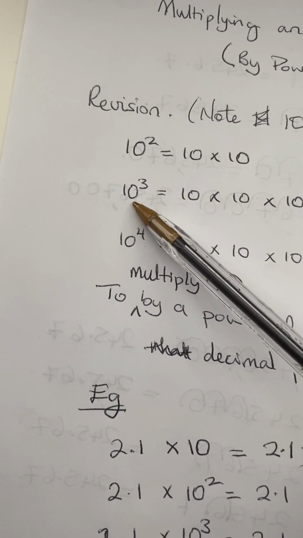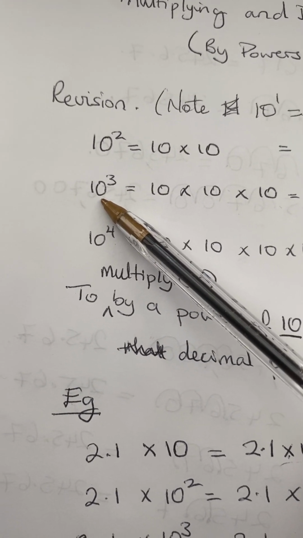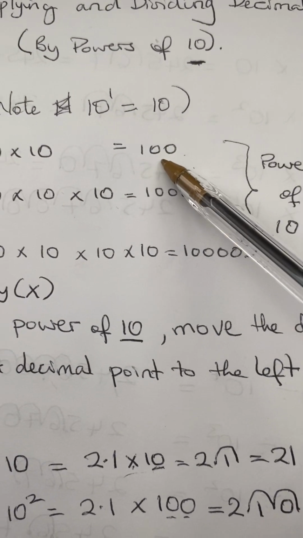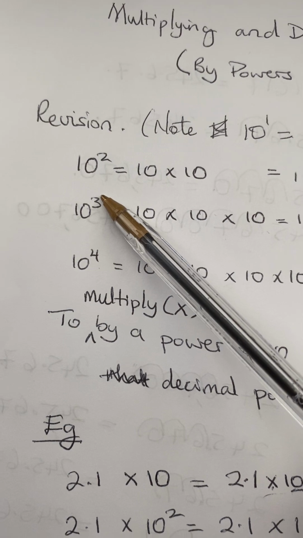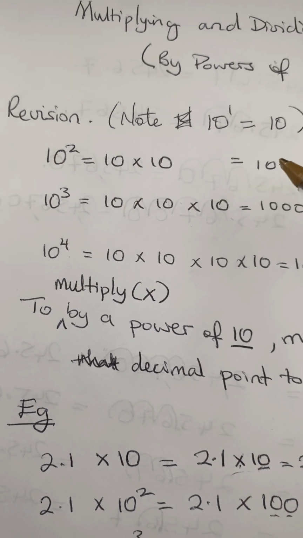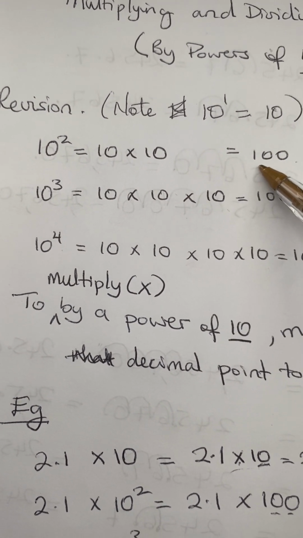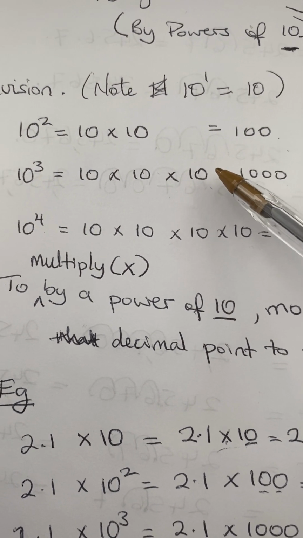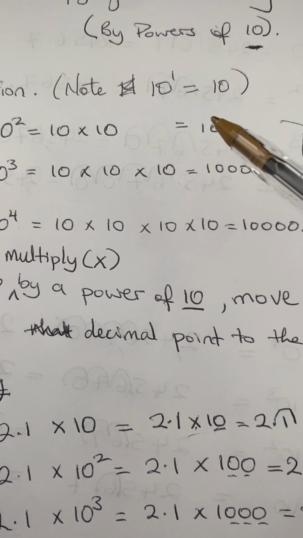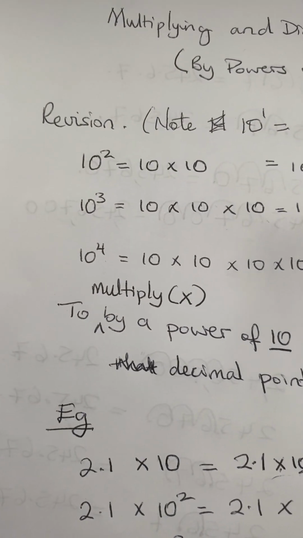So 10 to the power 3. This has 2 zeros. So 10 to the power 2. This is applicable to tens. Okay, it is applicable to 10.